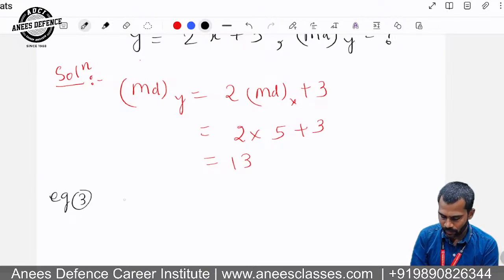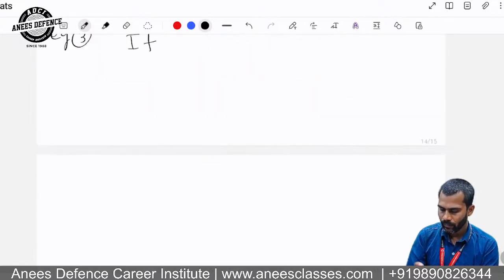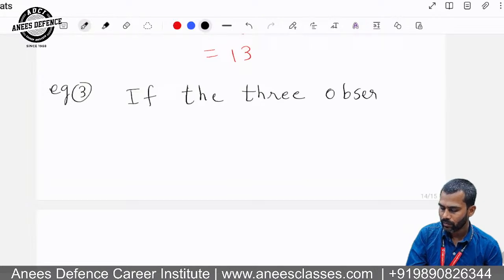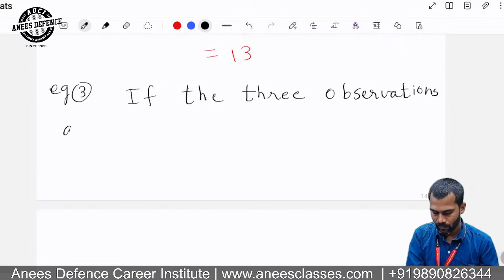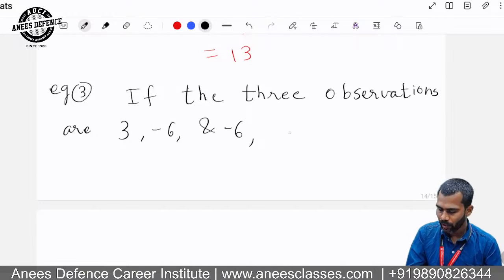If the three observations are 3, minus 6 and minus 6, then what is their harmonic mean?